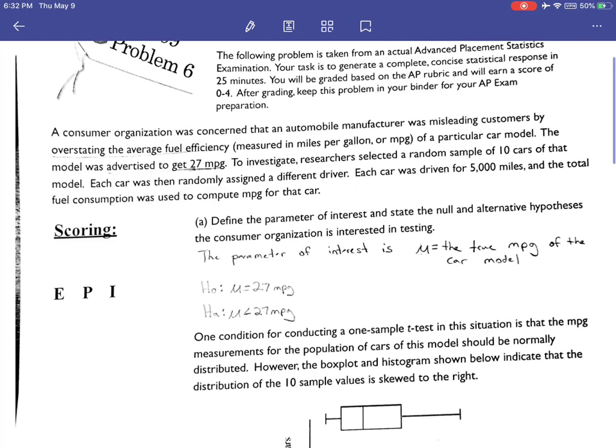So your null hypothesis should be mean equals 27 miles per gallon. Your alternative hypothesis should be mean is less than 27 miles per gallon, and that's because we think that they're overestimating. So we're trying to prove that it's less than 27 miles per gallon. That's part A. That part was pretty straightforward.